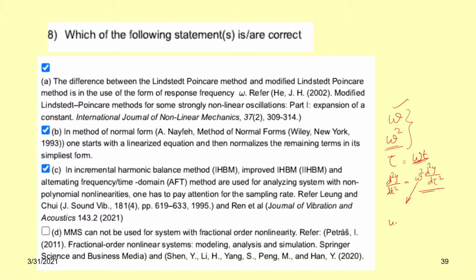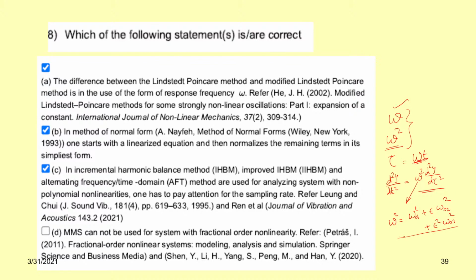This omega square term you can write as, for example, omega 0 square plus epsilon omega 1 square plus epsilon square omega 2 square, and so on.